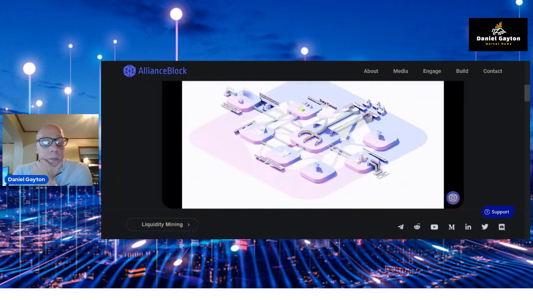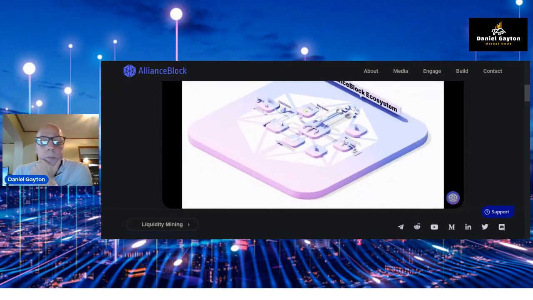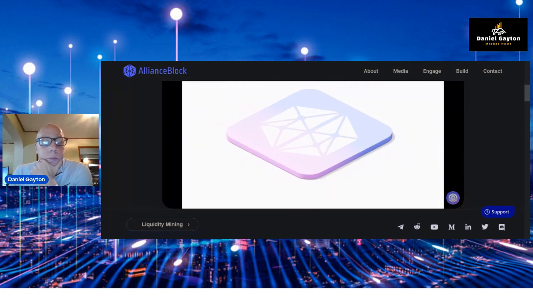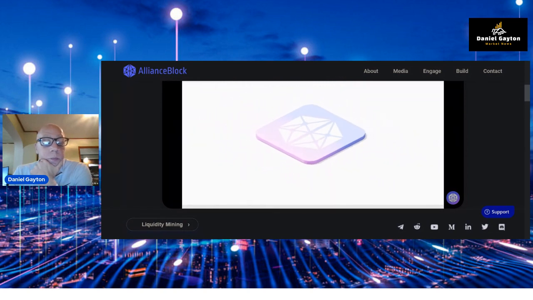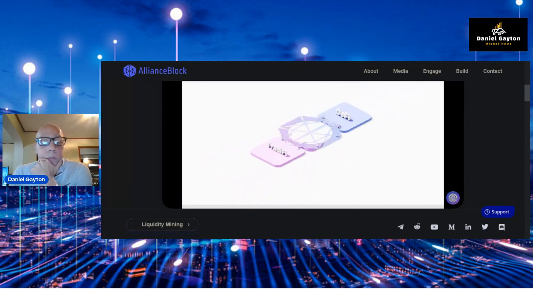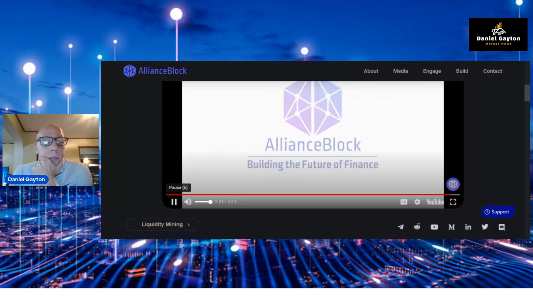These first 7 modules represent the foundations of the Alliance Block ecosystem and a fully decentralized, globally compliant capital market, which will allow both traditional finance and decentralized finance players to connect, interact, and eventually ensure a flawless capital flow between both worlds. Building the future of finance.